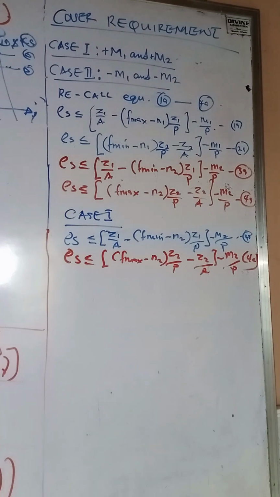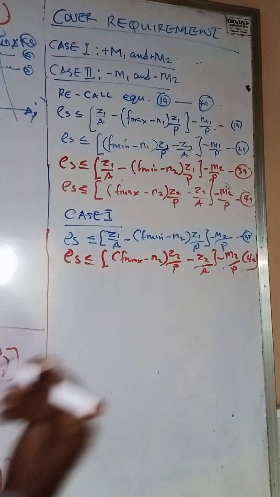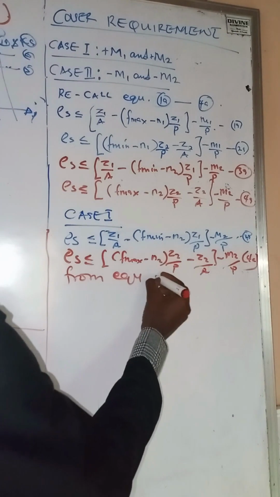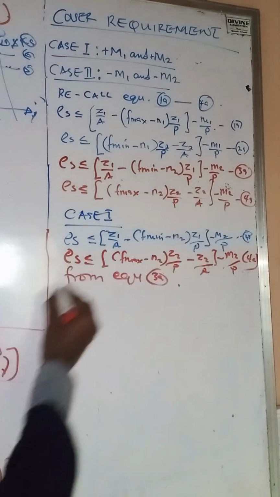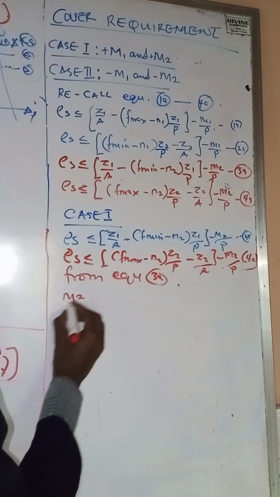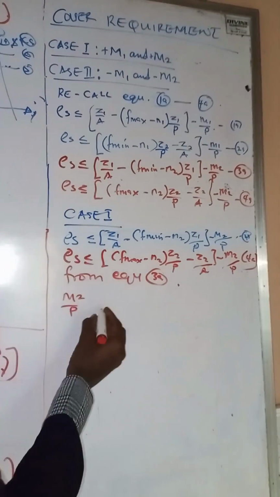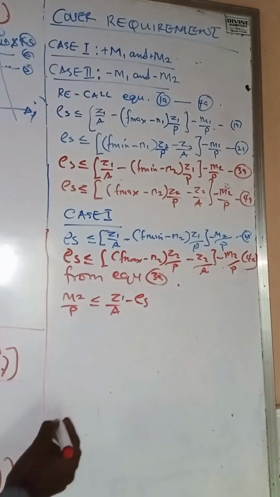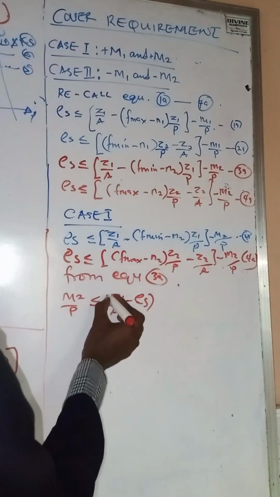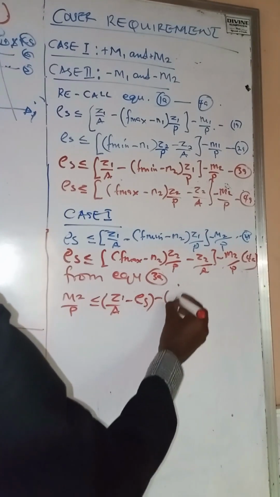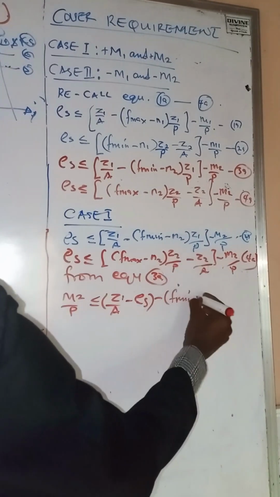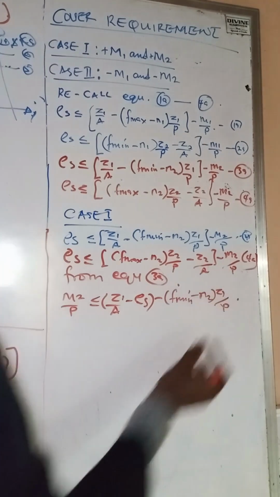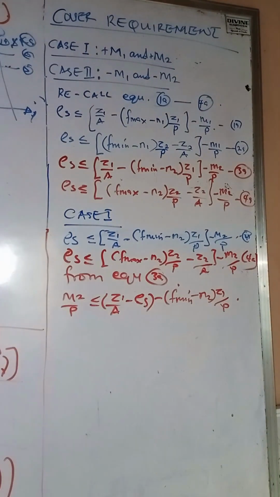Let's derive the expression for both. From equation 3A, we're going to have M2 over P, then e_s, then minus F minimum, N2, Z1 over P. So this becomes the expression.